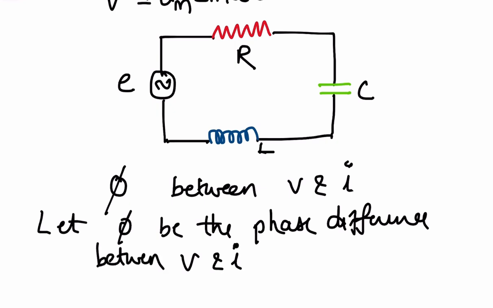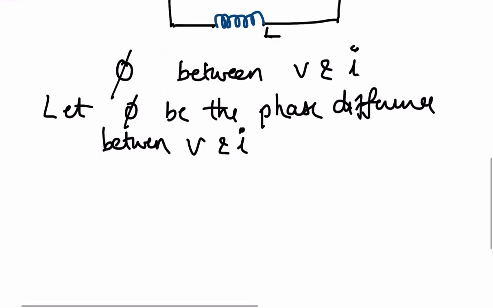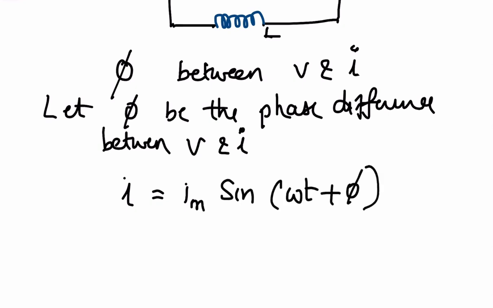Let us take the equation of the current: I is equal to Im sine omega t plus phi. What is phi? We don't know. At the end of the discussion, we will come to know what phi is. Let it be equation number 2, where phi is the phase difference between voltage and current.